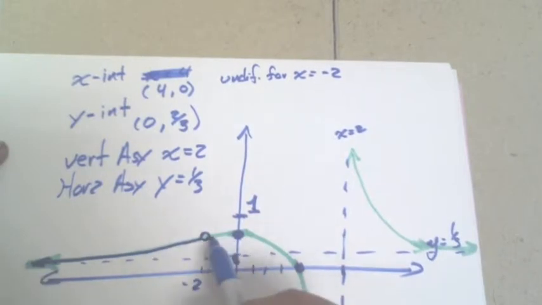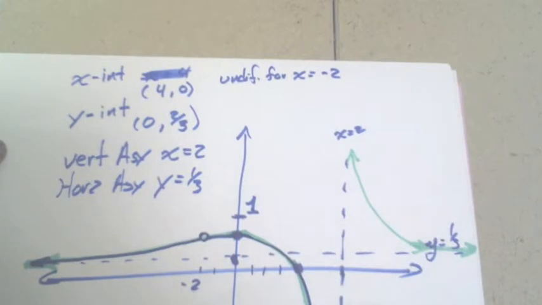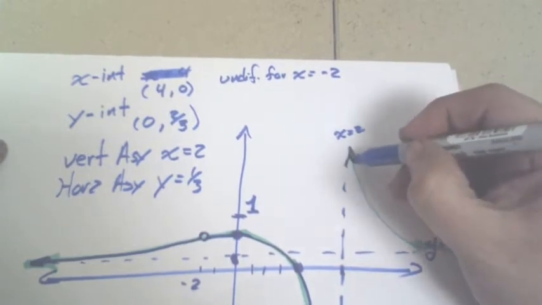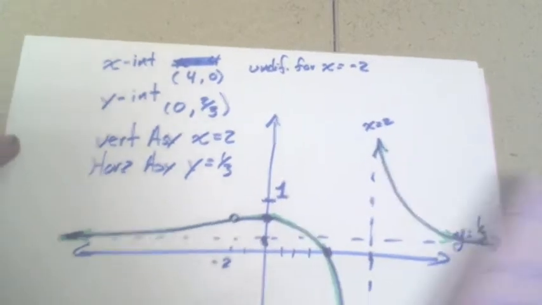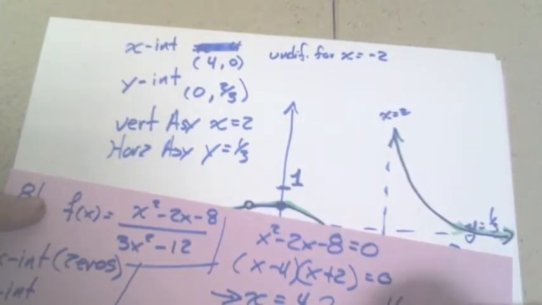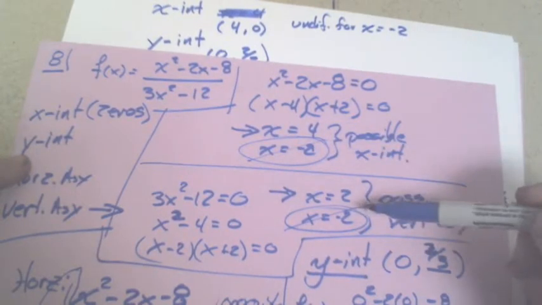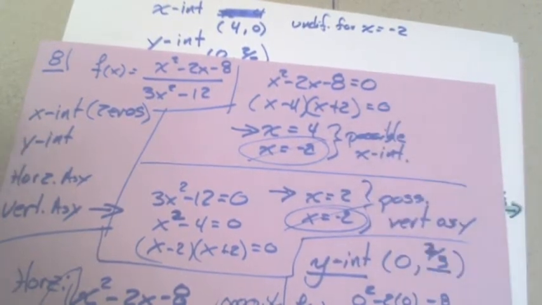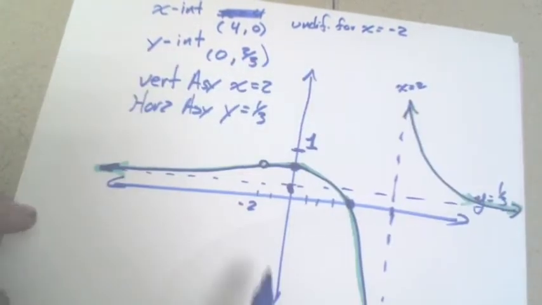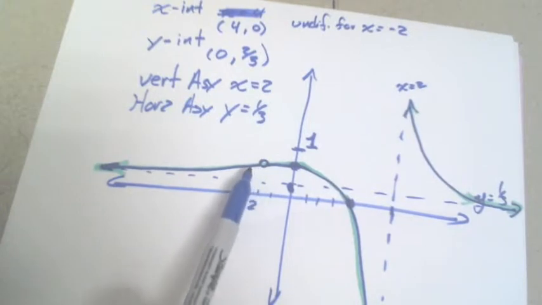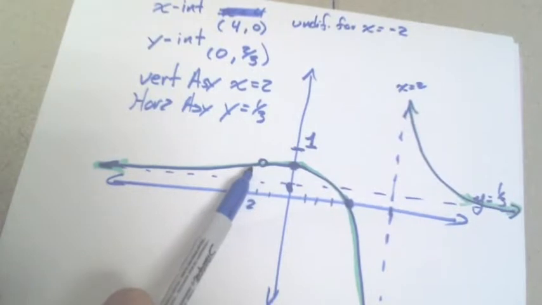So this little tiny, infinitely small little spot where the graph doesn't exist. And that's going to happen whenever you have one of these zeros that are in both lists that kind of cross each other out. Instead of making an x-intercept or a vertical asymptote, all it makes is a little hole. Not an x-intercept, not a vertical asymptote, just a little hole.